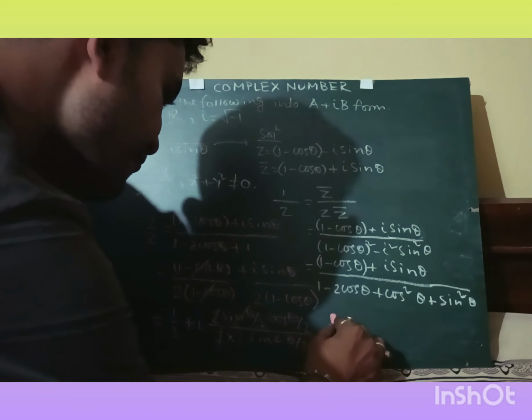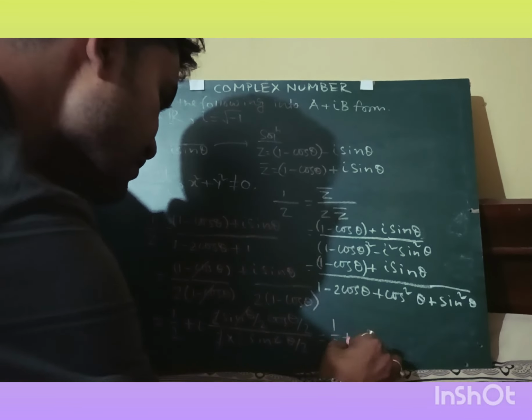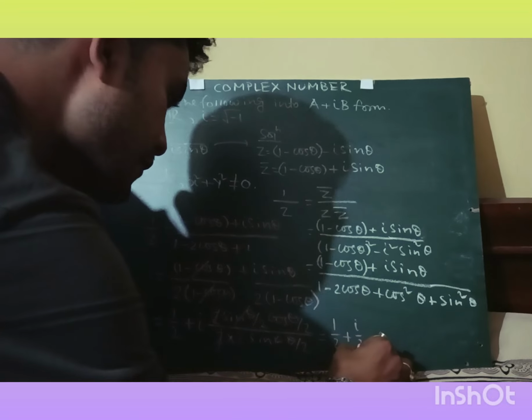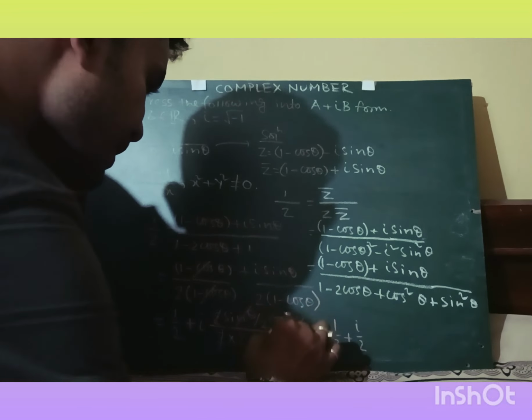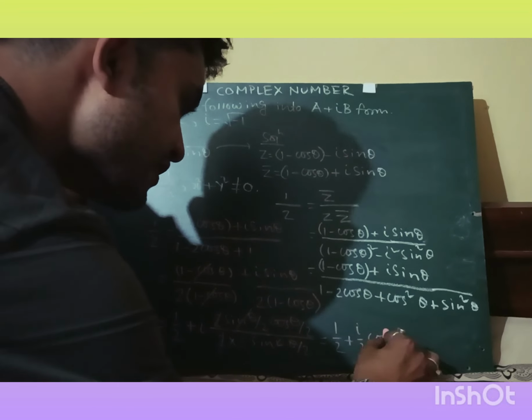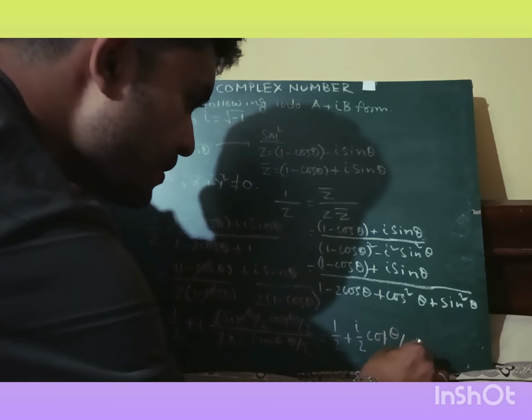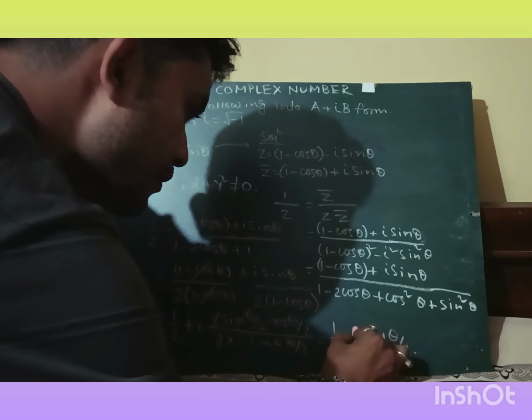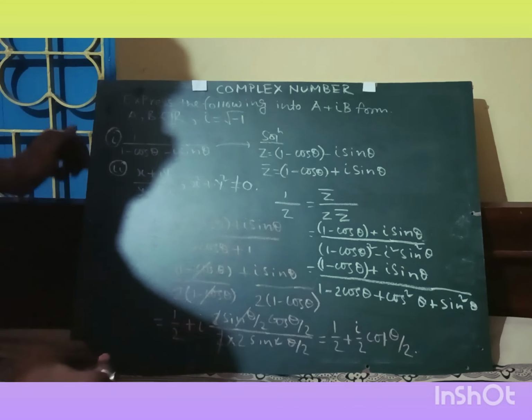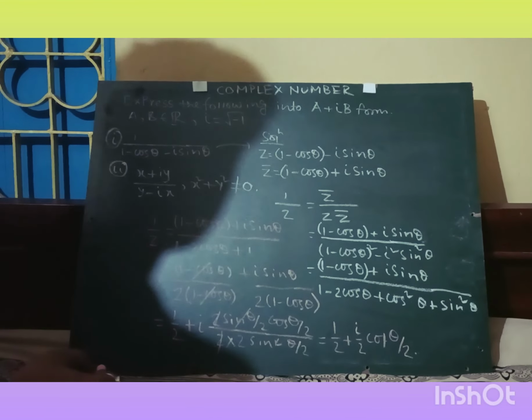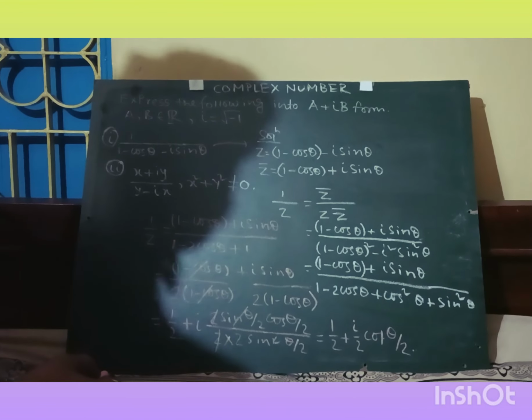That means half plus i by 2 times cos theta by 2 by sin theta by 2, that means cot theta by 2. It will be the result of number 1: half plus i by 2 cot theta by 2.